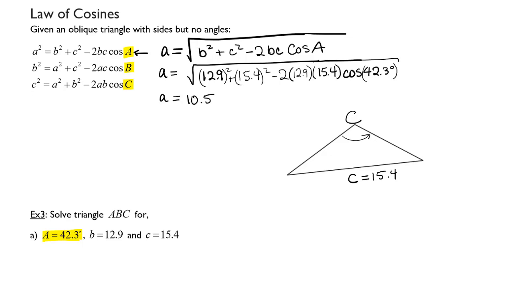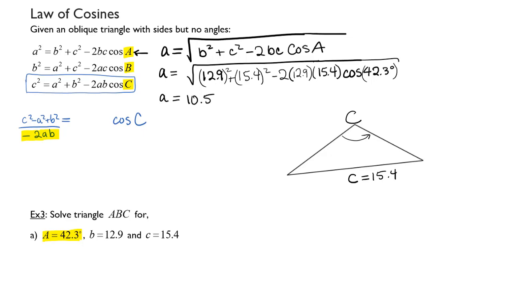So we'll use the third equation, or formula, to find angle C. Cosine C is equal to C squared minus A squared plus B squared, all divided by negative 2AB. At this point, I want to mention that I need to divide everything in the numerator by negative 1, and by doing so it will change all the signs in the numerator.